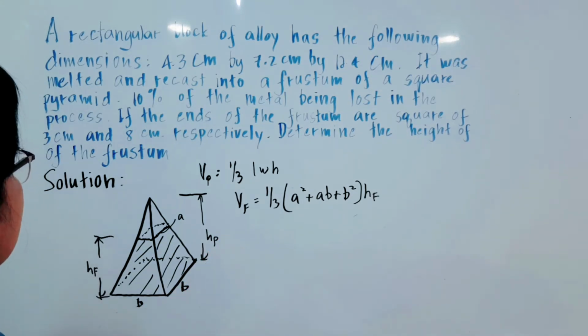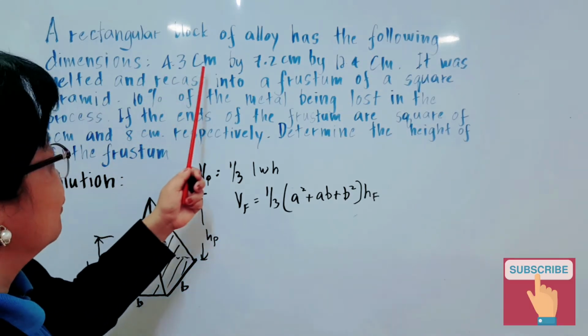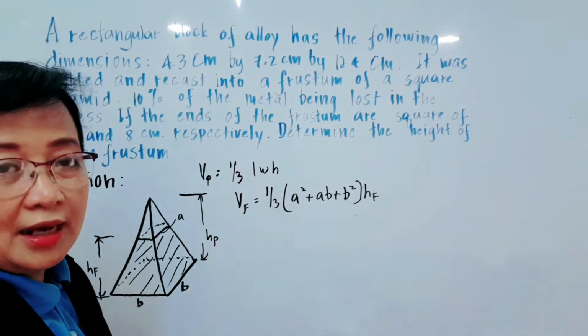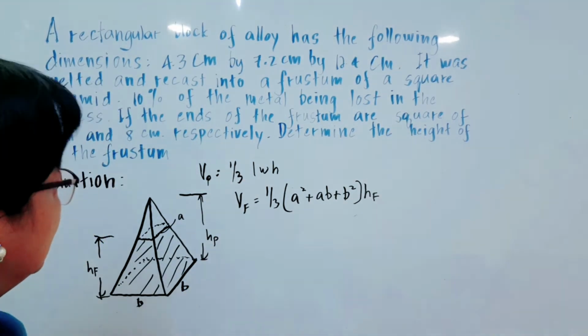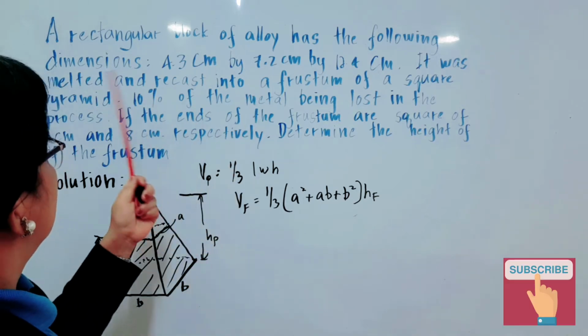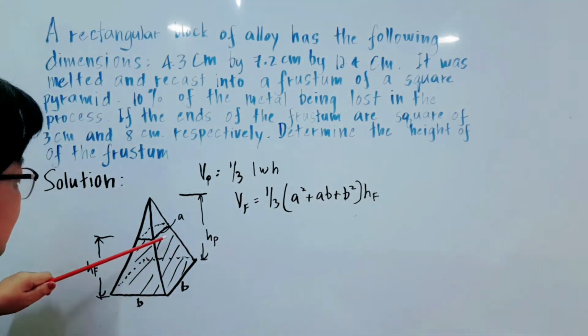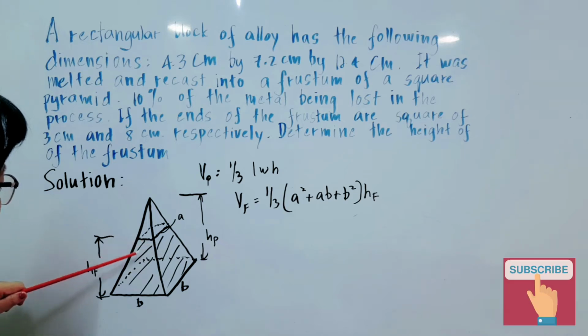Now, what are given here? Originally, the metal is a rectangular block. When it is melted and recast, it becomes the frustum of a square pyramid.